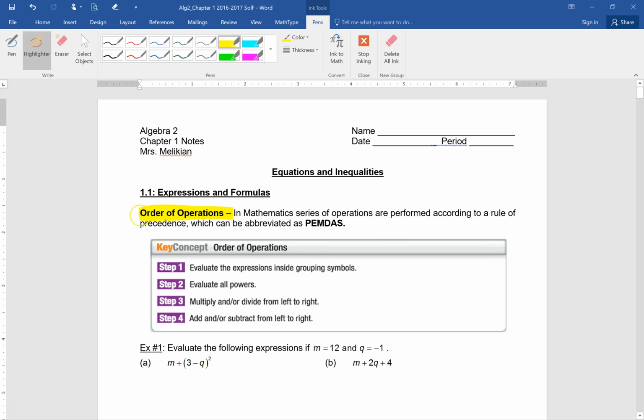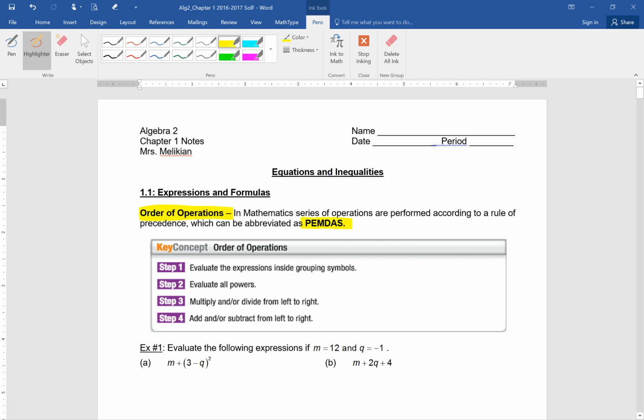So when we talk about order of operations, most of the time you have an expression where you're working with several operations, adding, subtracting, multiplying, and so on. And there is an order of precedence, like who goes first. And we've all heard of PEMDAS, right? So what do these letters stand for?